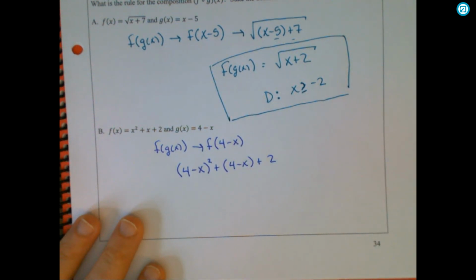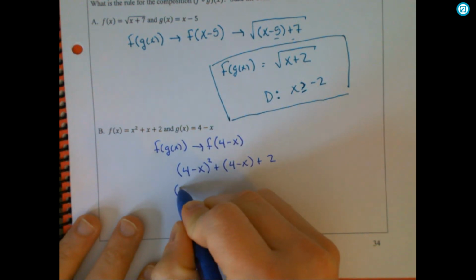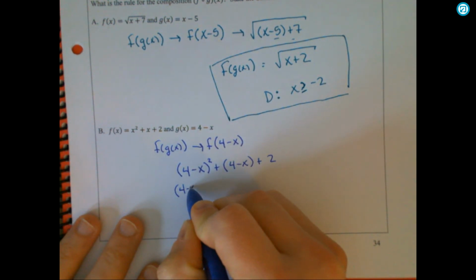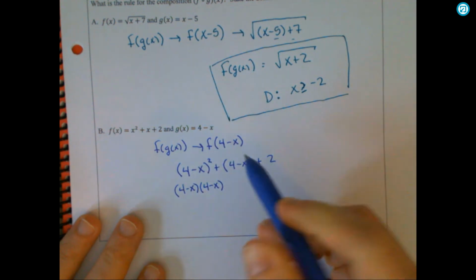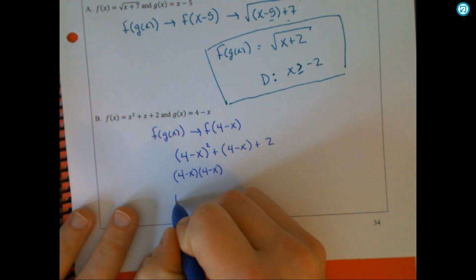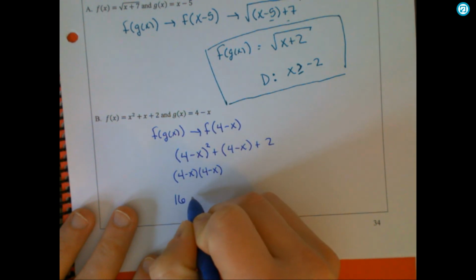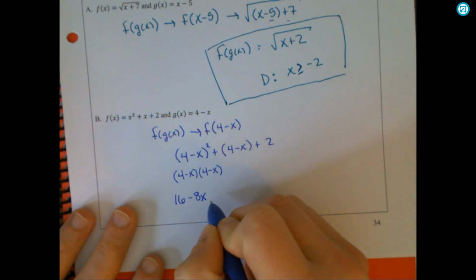Okay. This first one right here, it's a FOIL. Okay, so you go ahead and write it out twice. And when we multiply this out, distribute, FOIL, whatever you got to do, it's going to turn into 16 minus 8x plus x squared.